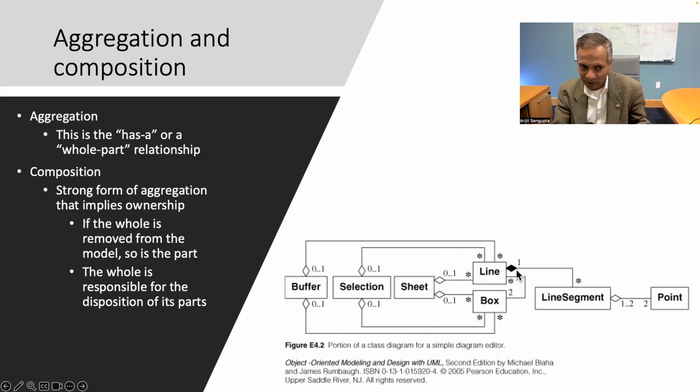So that's what composition is. So the empty diamonds, they are aggregation. This just represents a whole-part relationship. And the filled diamonds represent a composition that says that they are an integral part of it, which means if the whole is removed, the parts go away with it.